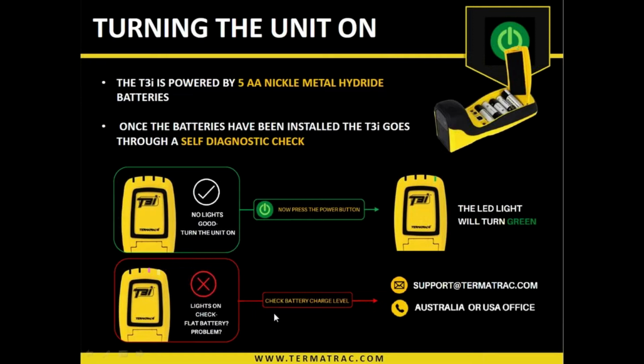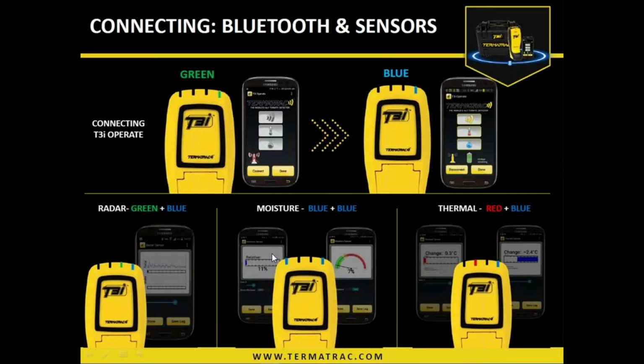As I say, once we do have it turned on, a green light will be on. With that green light on, we open the app screen on our Android device. We then hit the connect button. It'll automatically connect to the T3i. The green power light will change to a blue light, indicating Bluetooth connectivity.